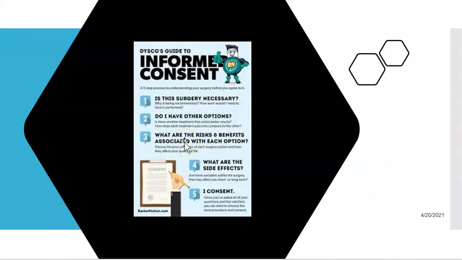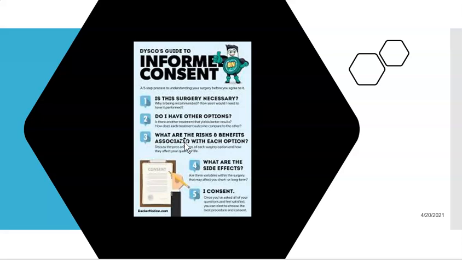Informed consent, a little bit about informed consent. I know we've talked about this a few times. So really, when you're talking to your patient about a procedure, the physician's going to come in and educate them. They're going to explain to them whether or not the surgery is necessary, what other options they have, and the risks and benefits associated with each one of those. They should be telling them side effects like expect pain, expect you're going to need physical therapy, whatever it is.